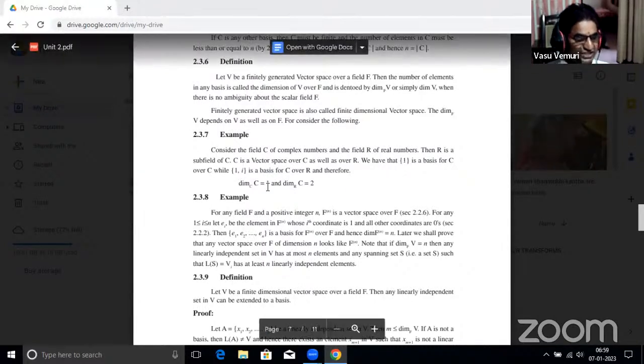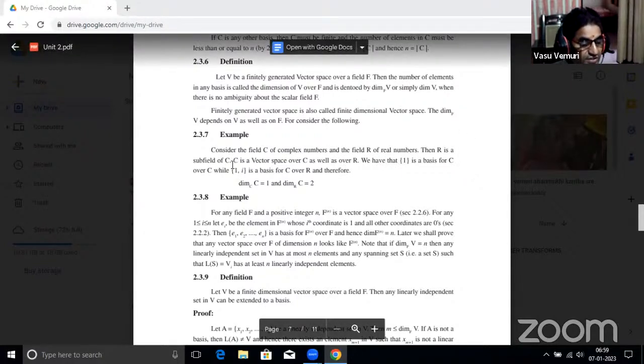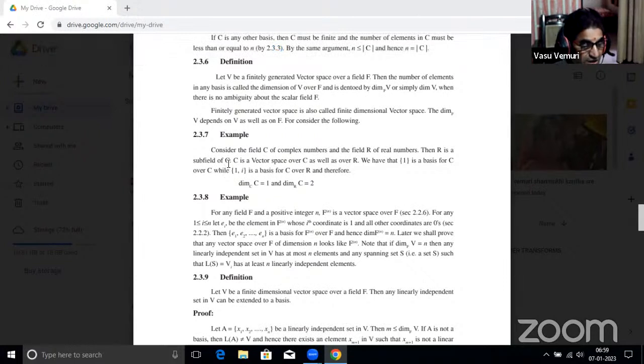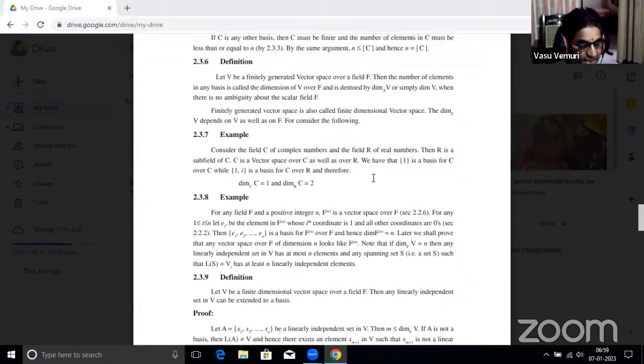Now consider the field C of complex numbers and the field R of real numbers. Here R is a subfield of C. Take the complex numbers as a vector space over R; the basis elements are 1 and i.